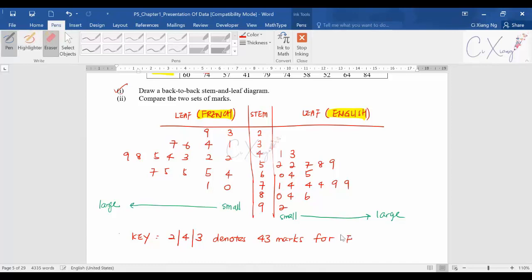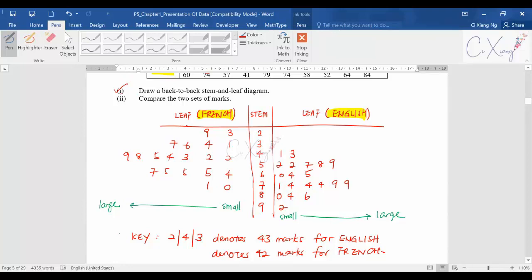Oh, sorry, for English. And then for this one, the other way around is 42, right? So you can write the note 42 marks for French. Okay, so this is a complete back-to-back stem plot or back-to-back stem and leaf diagram.